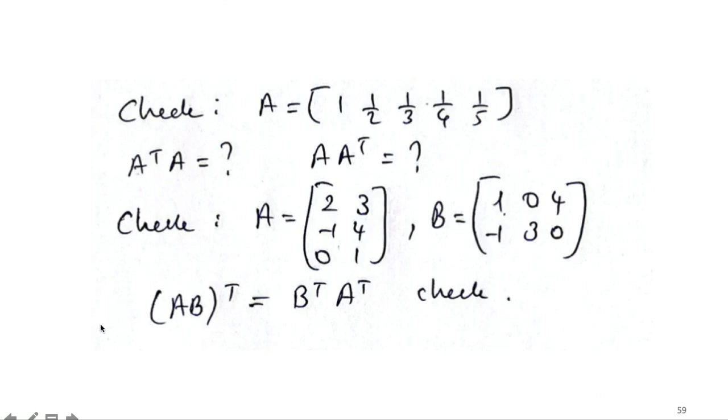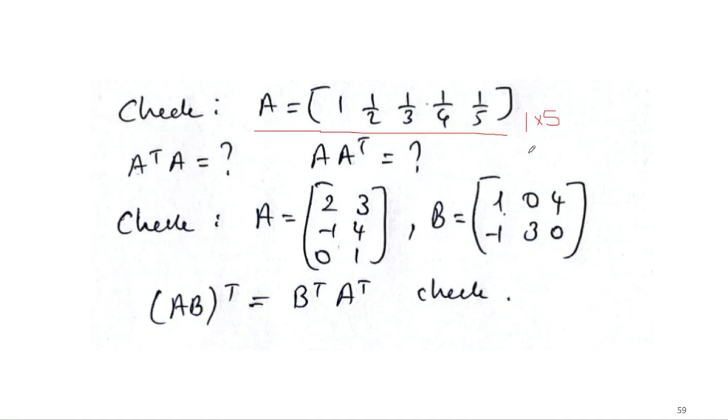You can check these in examples. Let's say I give you this row vector, which is also a matrix anyway. So this is 1 by 5. It's a 1 by 5 matrix. And for A transpose times A, first of all, you can think about the dimension.